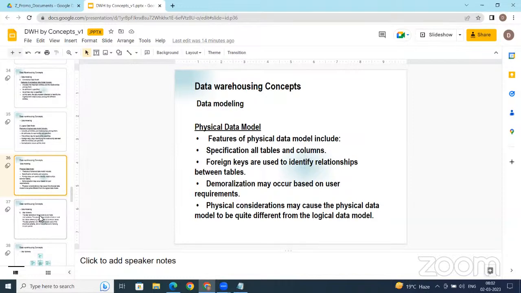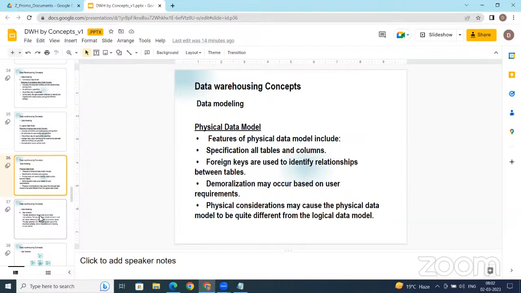DDL creation and all will be taken care of by the senior tech architect. They will give some samples of existing ones, modify them accordingly, and share the scripts with the DBA team, and the DBA team will execute those scripts and the table will be created.